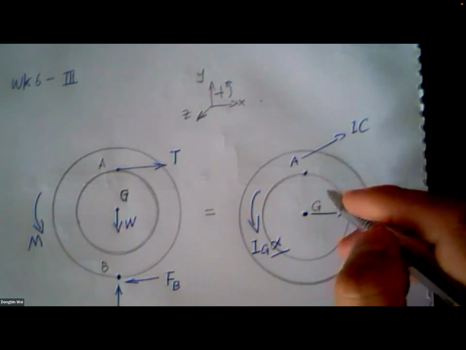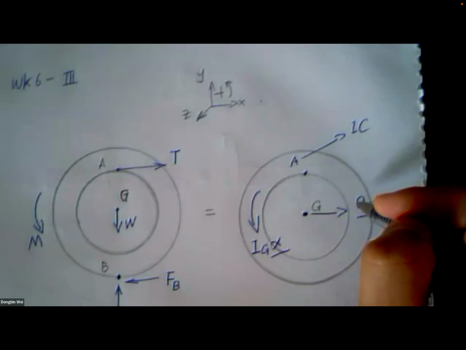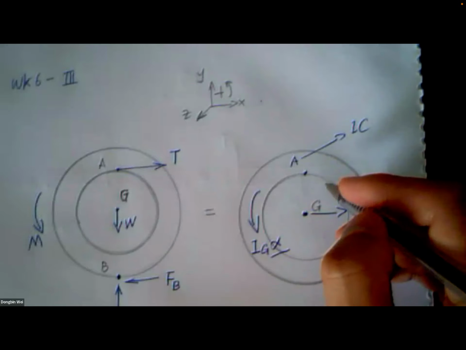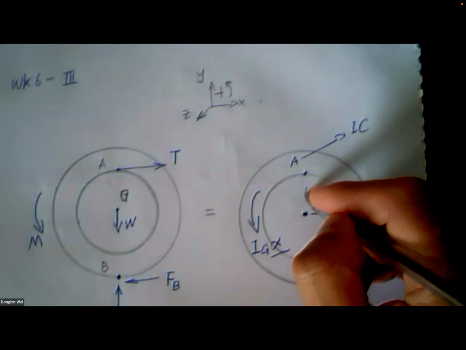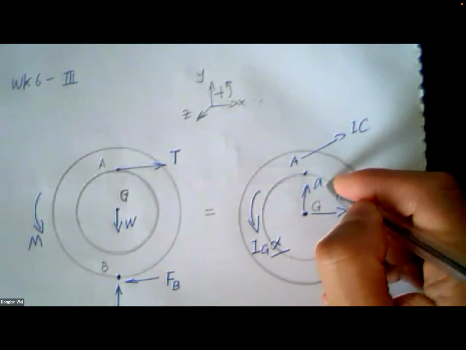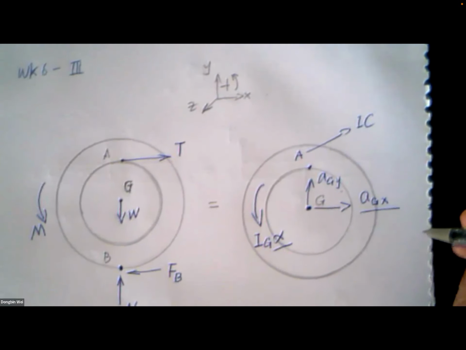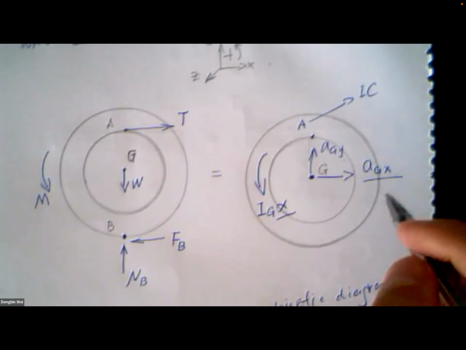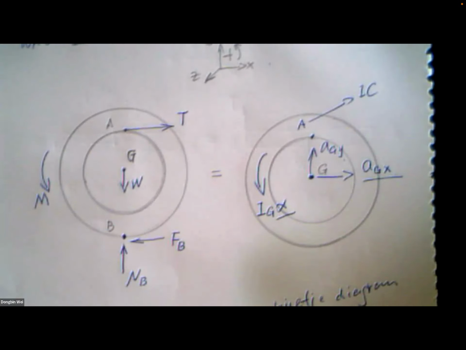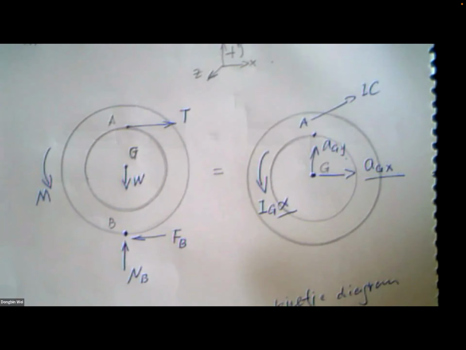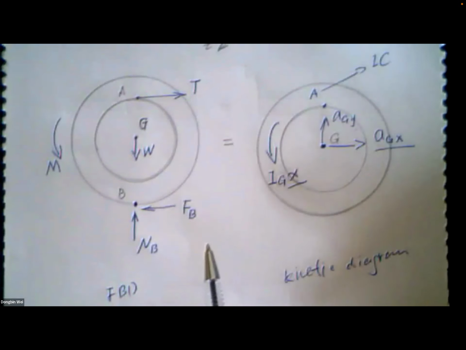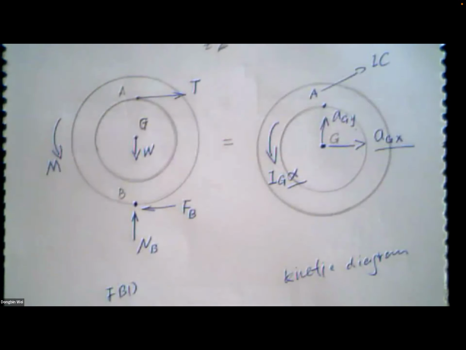So at point G, AGY actually should be 0. But here, we can still indicate AGY in this way. Okay, so that's the diagram you need before you can solve this problem: the free body diagram and the kinetic diagram. Any questions?